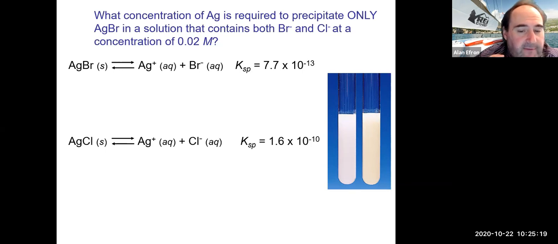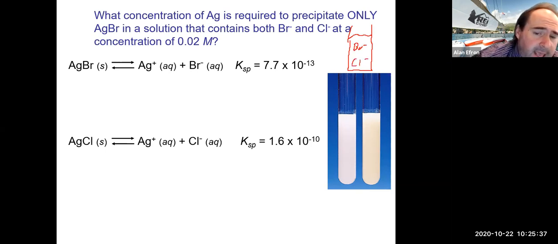So, for example, if we look at what we see here on the screen, we have a solution that contains some bromide ions, some chloride ions, and we want to precipitate these out, and we are going to use silver as a precipitating reagent. So you grab a bottle like silver nitrate or something like that, and you add it in there.